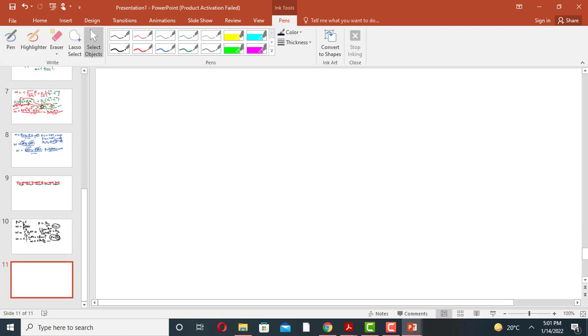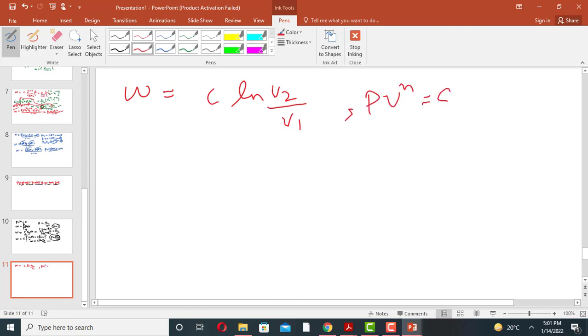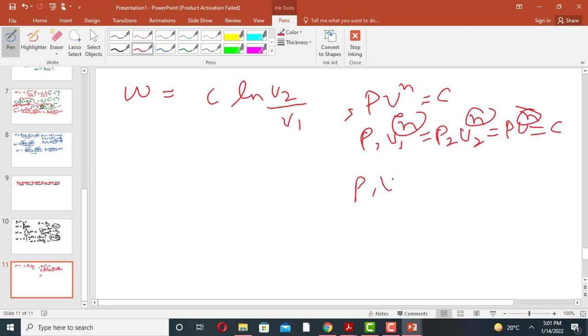It can also be written as W equal to C ln (V2 divided by V1), and we know that PV to the power n is equal to constant, so P1 V1 to the power n is equal to P2 V2 to the power n. When n is equal to 1, then P1 V1 is equal to P2 V2 is equal to PV, a constant.